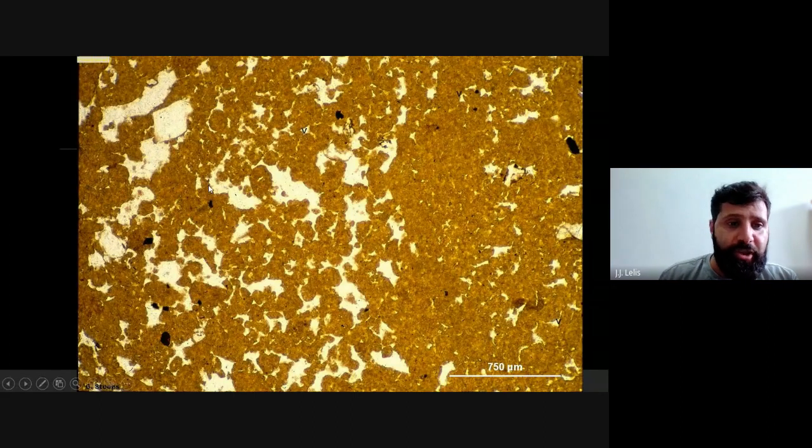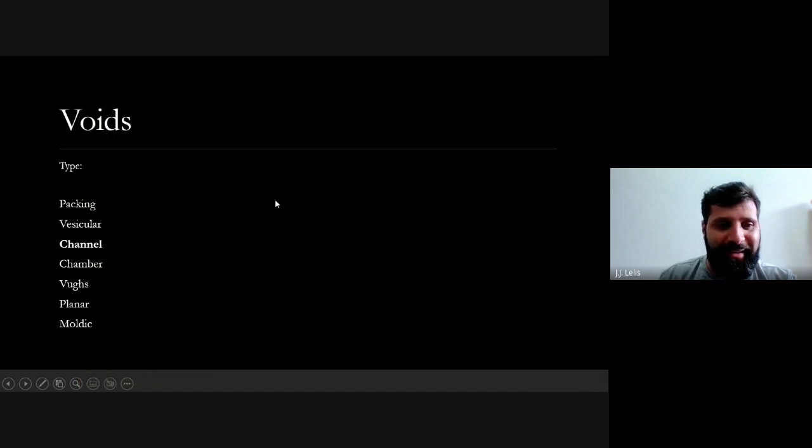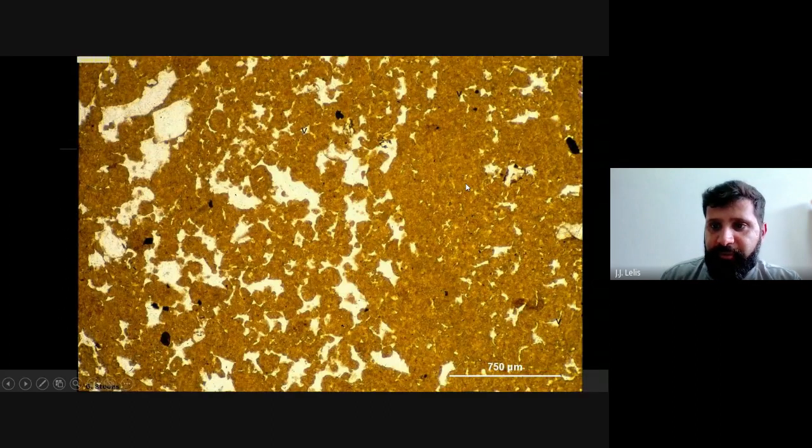We can see some chambers here, okay, and here we can see some vugs. These vugs are a specific kind of void that forms in dense materials, okay?